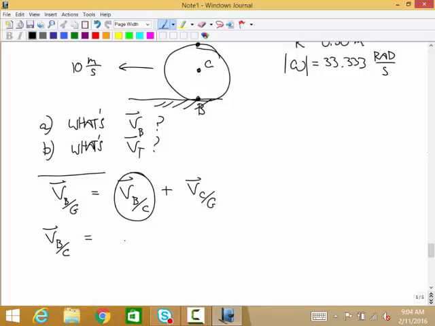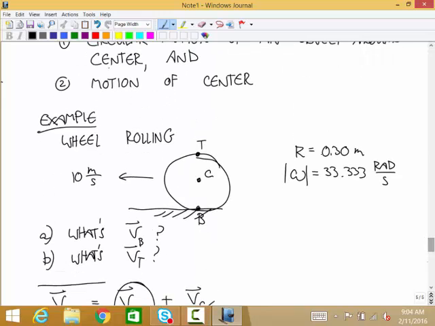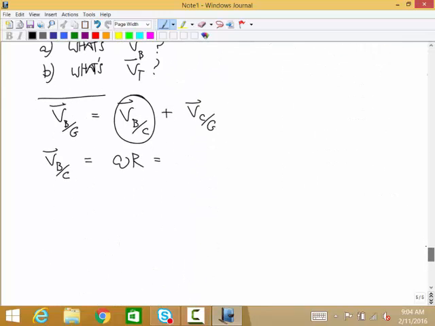So that's omega times r, which is 0.3 times 33 1/3, which is 10. And then the direction, you have to think about the direction.